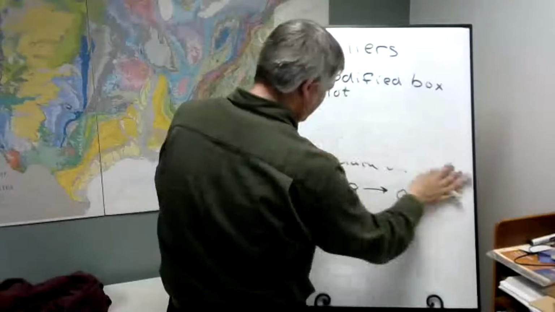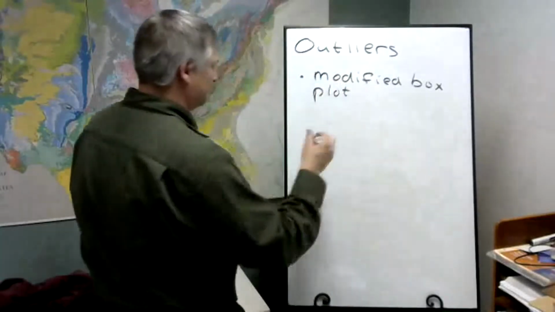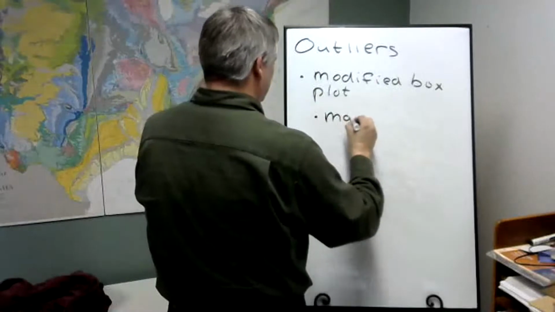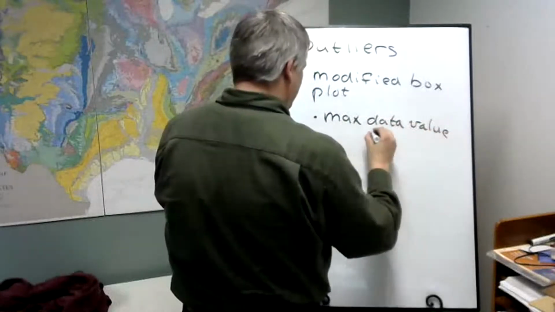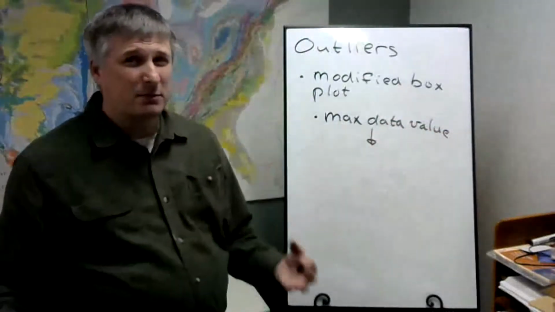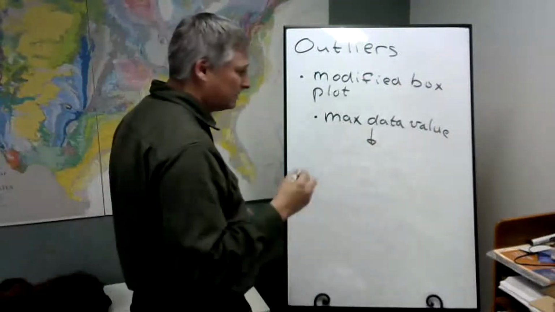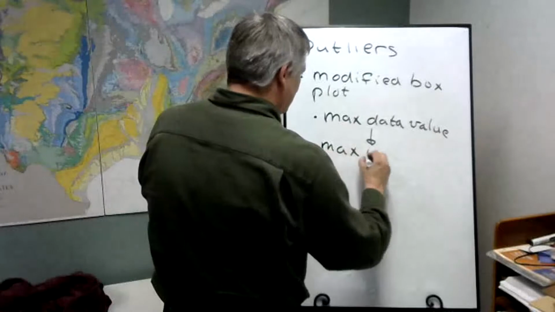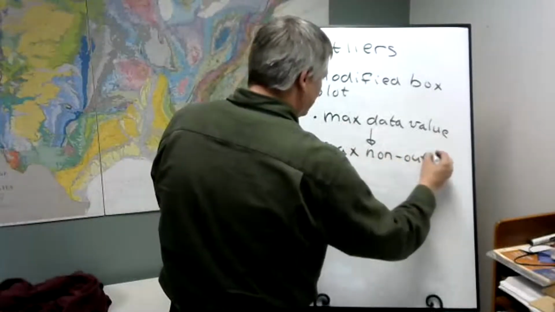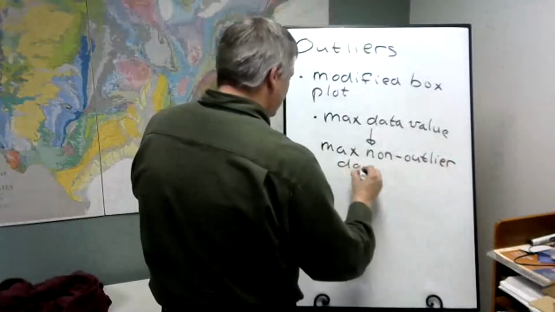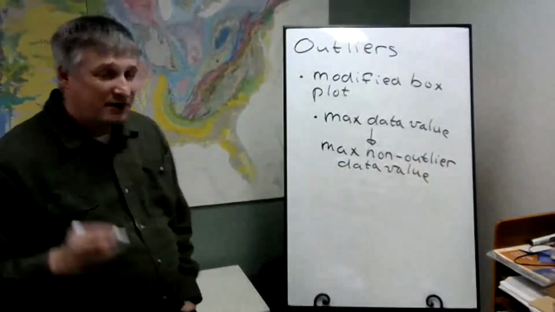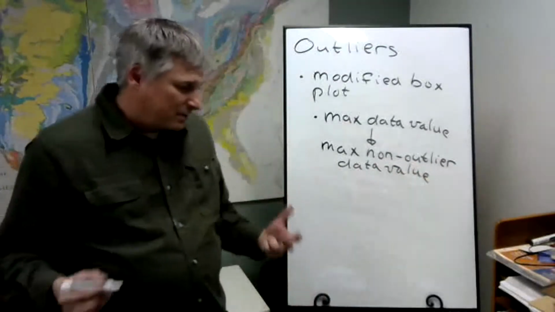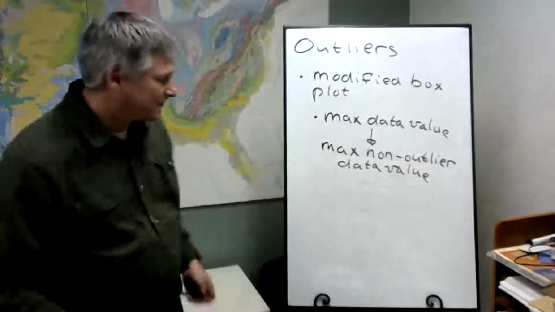All right. Now the maximum value, a little different. In this case, we're going to replace the maximum data value in the 5-number summary with the max non-outlier data value. Now here we're going to get a change. The maximum data value was 77.8.